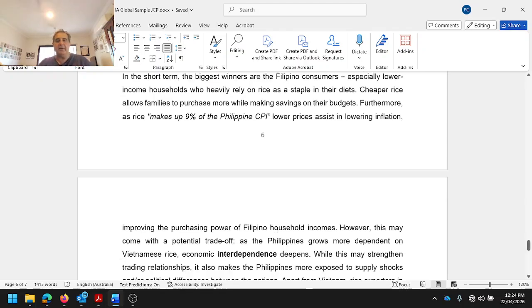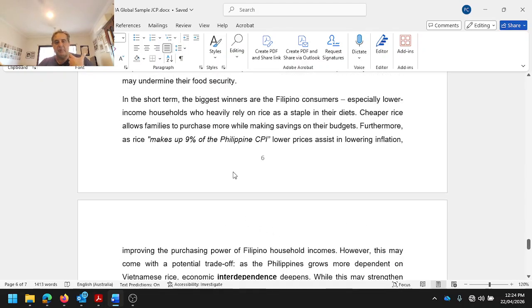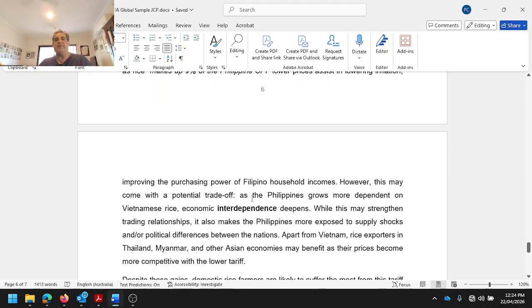So if you think about it, you can see the first part of this paragraph is very positive. It's showing how it benefits the local consumers. And then the second half of the paragraph is a counterclaim. However, the problem is you may deepen into dependence too much, and then that puts the Philippines at risk or vulnerable. So we really like to see that.